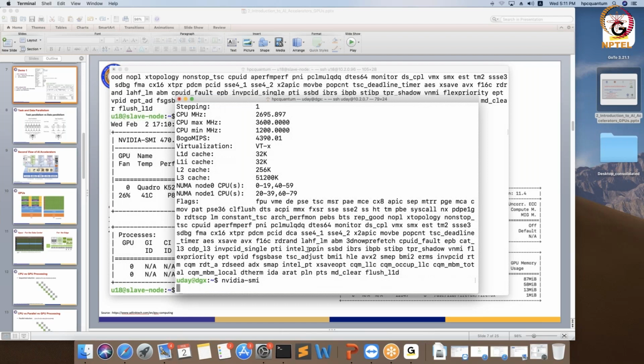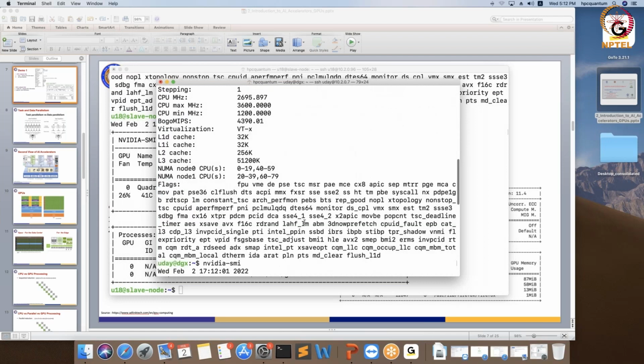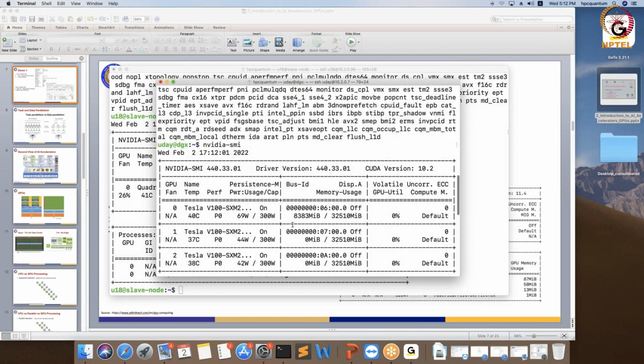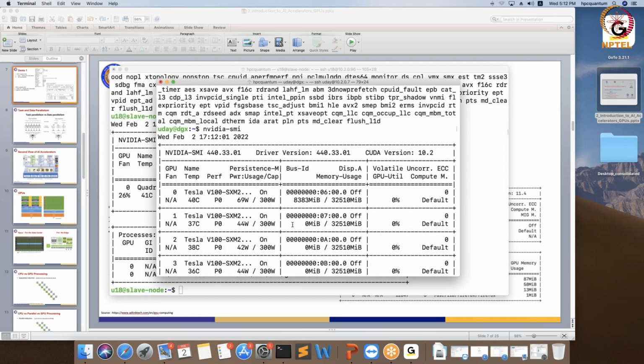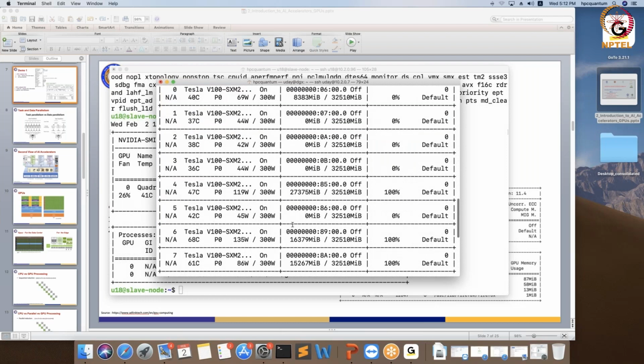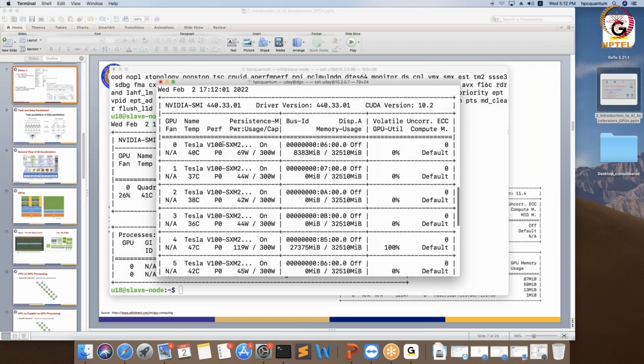Let us try to understand the GPU information about it. This is a DGX, and you see the GPUs: GPU 0, GPU 1, GPU 2, 3, 4, up till 7, and these are all Tesla V100s. And you have the memory and the utilization of that memory on each particular GPU.